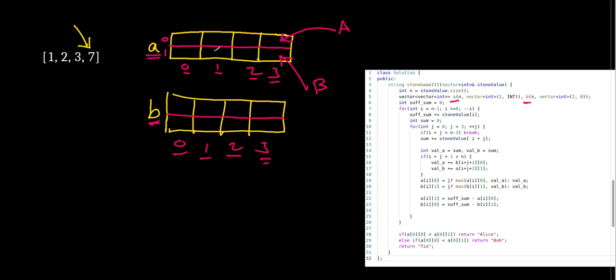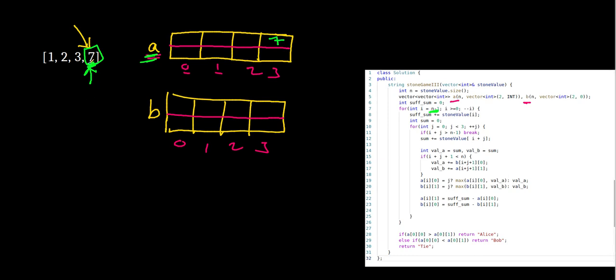So for example, this cell also represents the score when Bob starts at index 1, and this represents the score of Alice, and this represents the score of Bob. So if we start at the last index here, 7, and if Alice starts at this index 7, her score for sure will be 7.